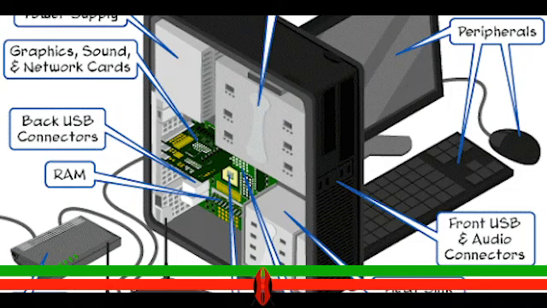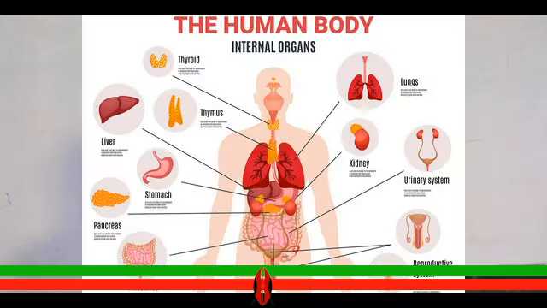Welcome back as we are going to learn about components of the computer. What are the components of the computer? There are so many components of the computer. Just like, for example, the common components of the human body. When we're talking about a human, of course, there are components.